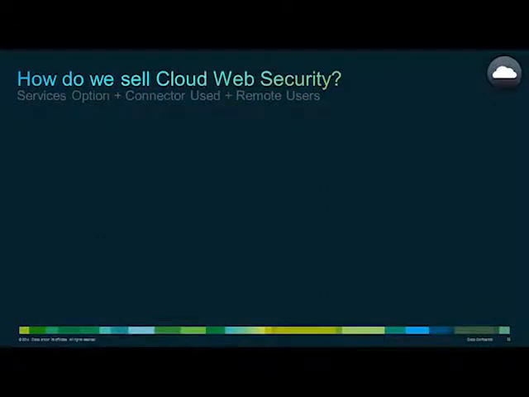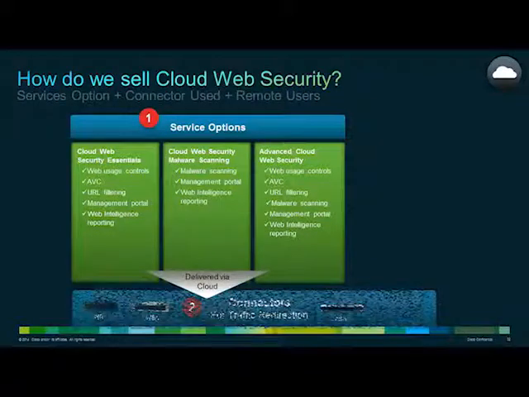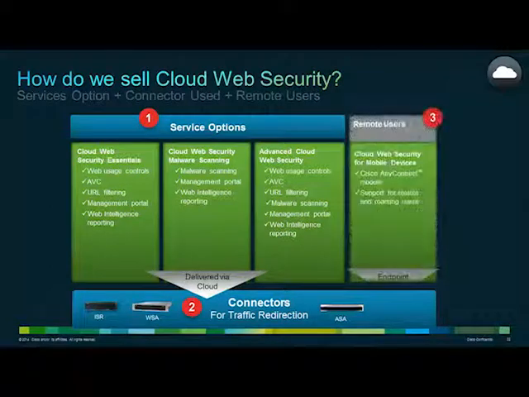If your customer chooses Cisco's Cloud Web Security solution, then their choices are also quite simple. They choose the service offering that fits their needs, the connector they will use to forward their traffic to the Cisco data centers, and whether they will be protecting remote and roaming users with the AnyConnect Secure Mobility Client.